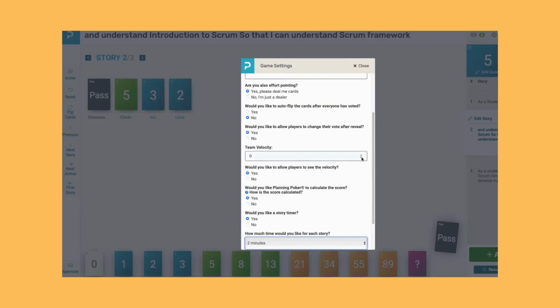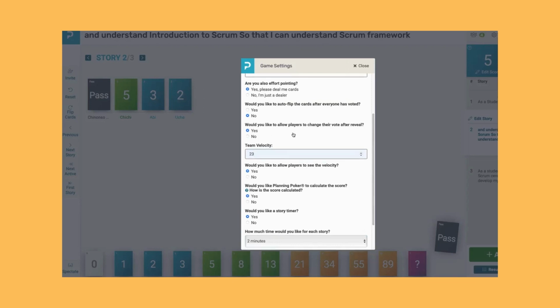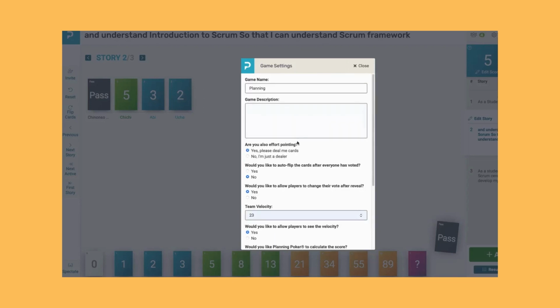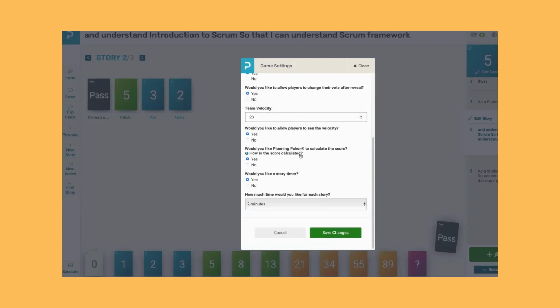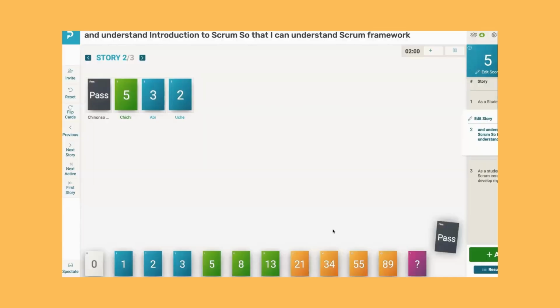Team velocity. Let's see. 23. Would you like to allow players to change their vote? Would you like to auto-flip the card after everyone has voted? Yes. Are you also effort pointing? Yes, please deal me cards. No, I'm not just a dealer. Okay, let's see, save.